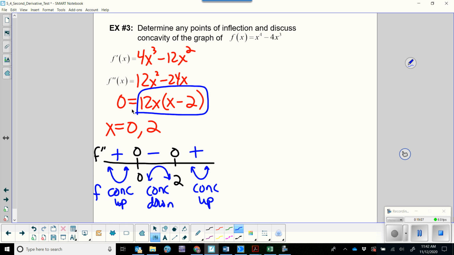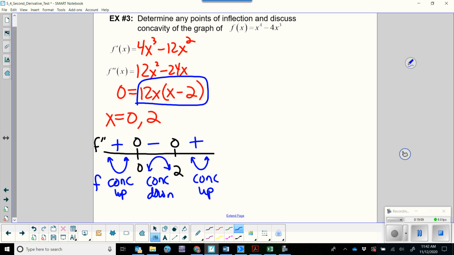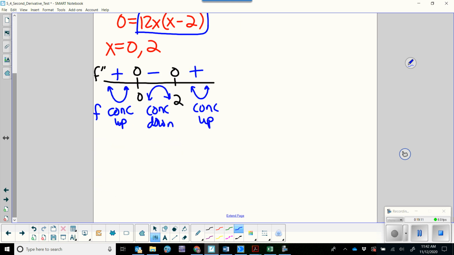So the question is about concavity and points of inflection, determining the points of inflection. So here, because the graph changed from concave up to concave down, we have a point of inflection right there. And then it changed from concave down to concave up, so we got another point of inflection. Now, normally, when you give a point of inflection, we're going to answer it as a point.